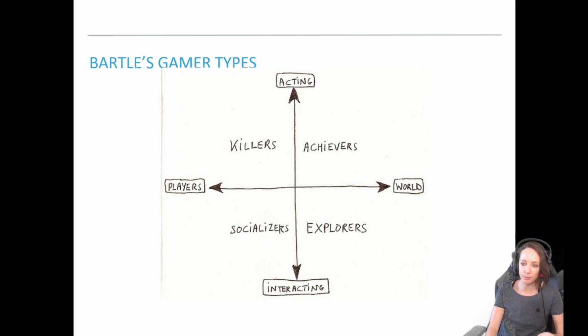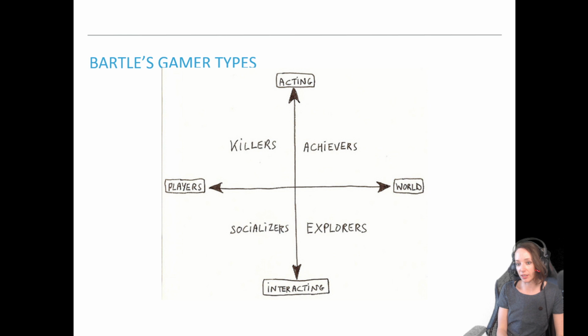And every one of us plays differently, but the important thing is we are most of the time also not only one player type, but for instance, for me, I'm definitely an achiever at some days, probably also a killer, very rarely a socializer, and sometimes an explorer. So this is also something which is dependent on my mood, also on the game.